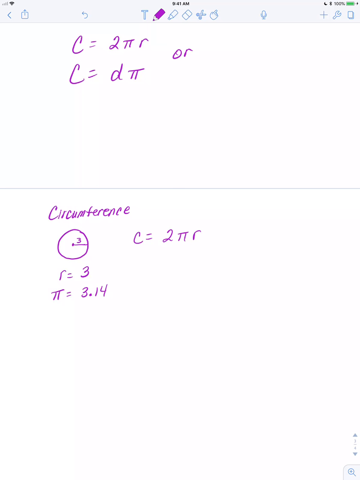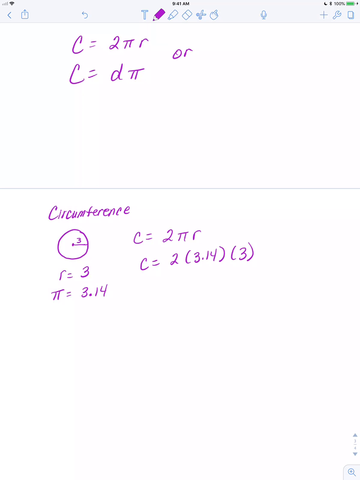So we're going to fill in the information that we know: 2 times 3.14 times the radius, which is 3. And you can remember order doesn't matter when you're multiplying, so we can multiply in any order that you want.